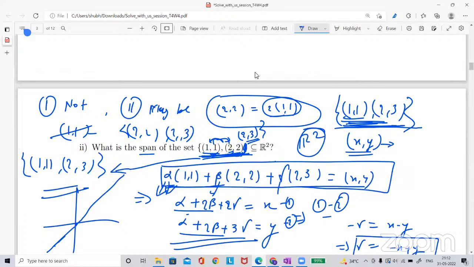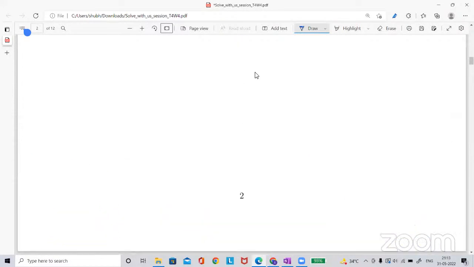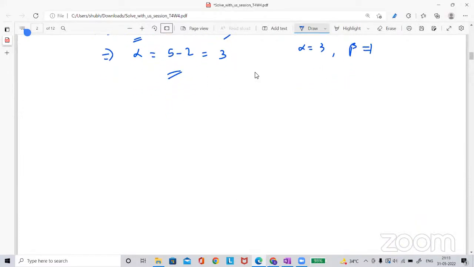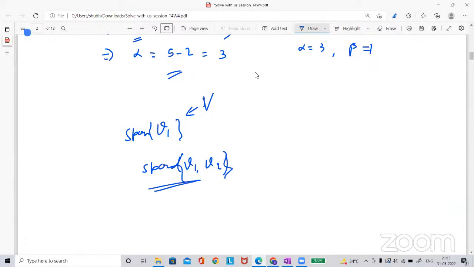Or differently, sir also gave a different definition. Not a different definition, it is what he was doing. Let's say you have a vector space, he took a vector v1 and took the span of it. If it generates V, then fine. Suppose it does not generate V, then take another vector, v1 and v2, and check whether the span of this is V or not.